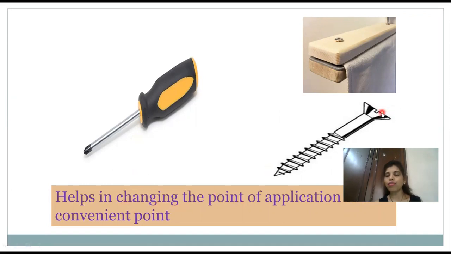Because of this screwdriver, it can fit into this groove on the head of the screw, and then it will help you to change the point of application to a convenient point, so it will go in easily. So this is one of the uses of the simple machine, that is changing the point of application of the effort to a convenient point.